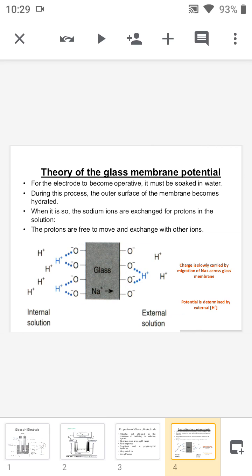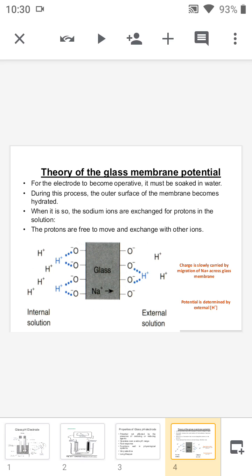Next is the theory of the glass membrane potential. Consider the glass membrane, which, as we discussed earlier, has two sides. One is filled with an internal solution, which is a 0.1 molar HCl solution, and it contains H plus ions. These H plus ions form a weak interaction with the O minus ions in the membrane.